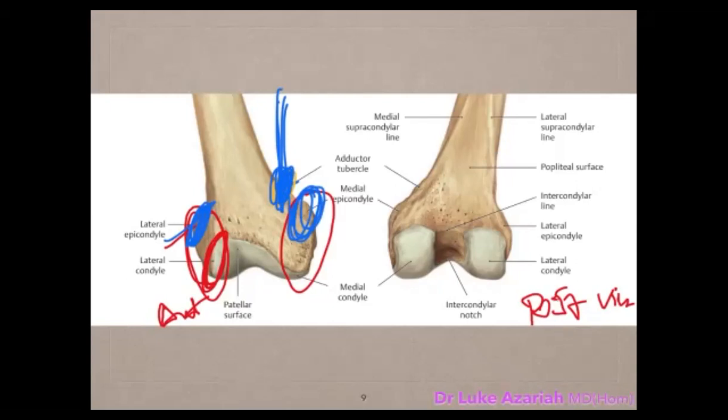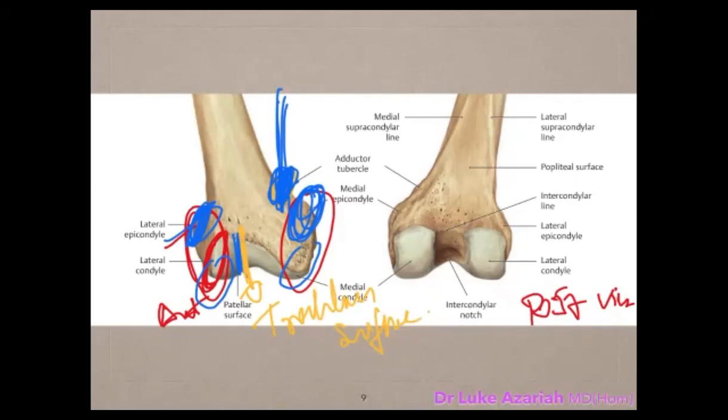So in the femur there is medial condyle, lateral condyle, medial epicondyle, lateral epicondyle, and adductor tubercle, and this patellar surface is called, can anyone tell what that surface is called? Trochlear surface.